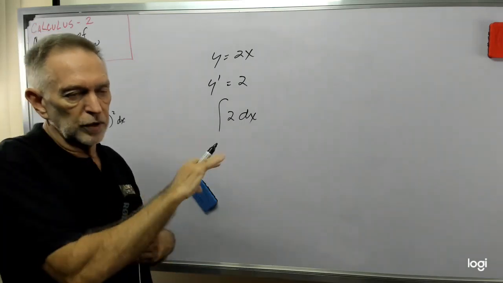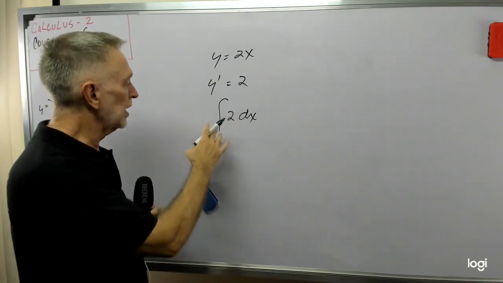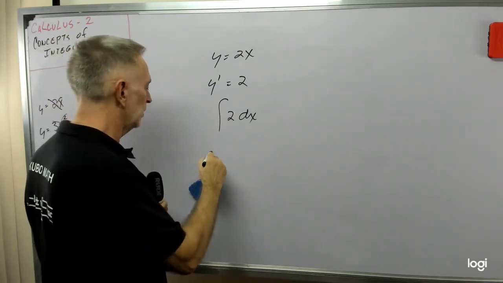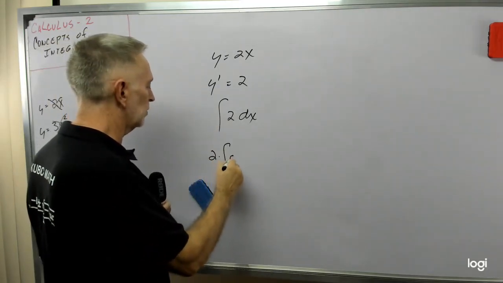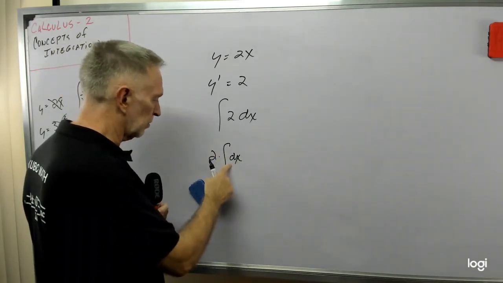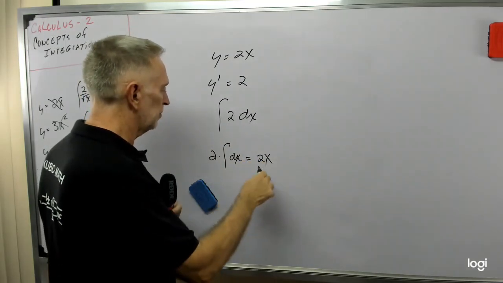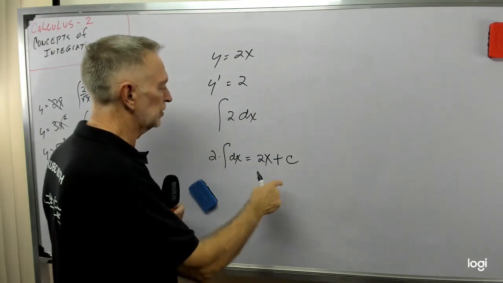So you could pull the constant out and then perform the derivative. This is the same. I can pull the constant out, so that's 2 times the integral of dx. And one of the rules is the integral of dx is x. So this comes out to be 2x, actually 2x plus c.